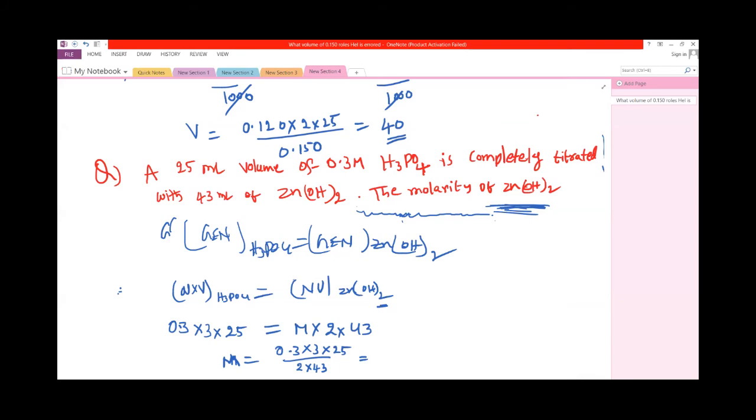Any doubt? Titration means this only: an acid and a base reacting with each other. That's the only thing we call titration. Anyway, we will discuss it again properly. Without knowing the titration name, we are doing titration problems.